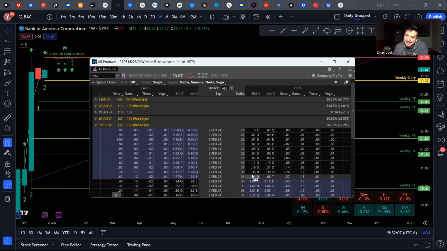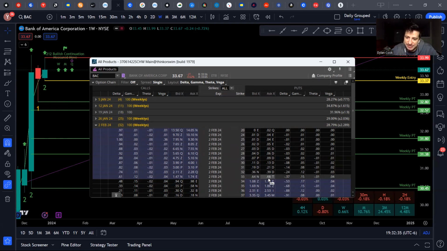When you're at the money, your theta gets smaller and smaller every day as you continue in the money. Your delta is so tiny that you don't make very much when you go super far out of the money on some plays like this. And being at the money, you'll make a substantial difference in profit. Percentage wise, you'll still make great percentage gains, but you'll make a whole lot more money profit wise.